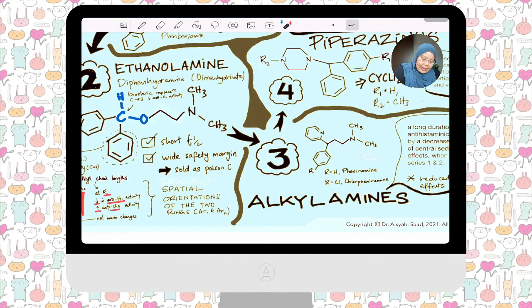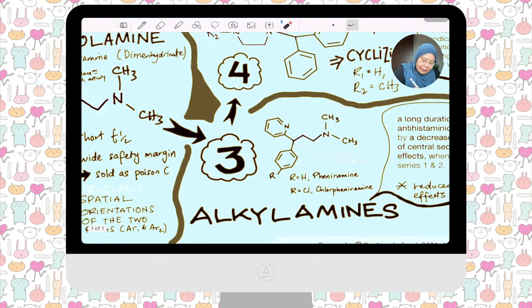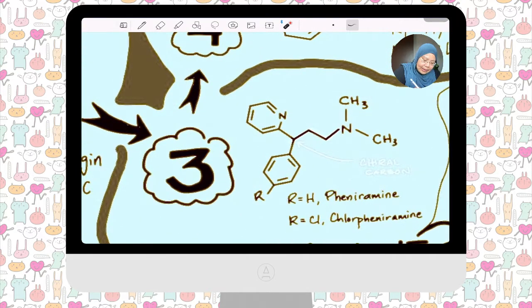Here as well, you see this particular carbon. I'm going to label the groups as A, B, and C. So if you have A, B, and C, this carbon is a chiral carbon. Let me draw that.